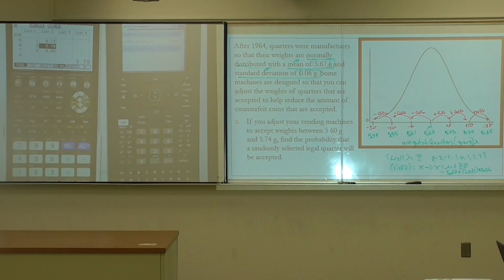So what I can do here is now do the same expression. Once again, it's supposed to be 5.76 plus, and now I know my list 5 is supposed to be this, so I'm going to get my list 5 in here, times, and I'm going to put the 0.06 in there.